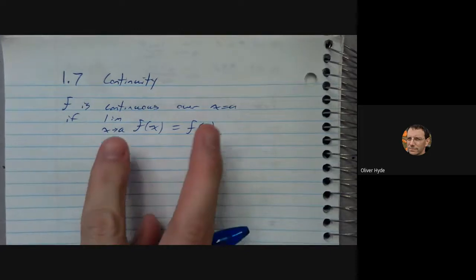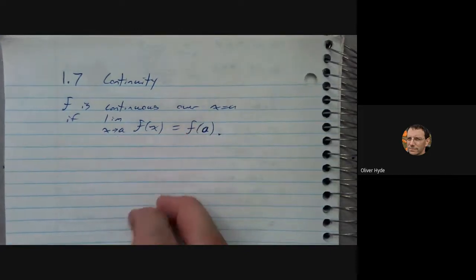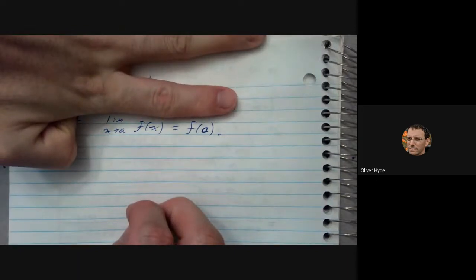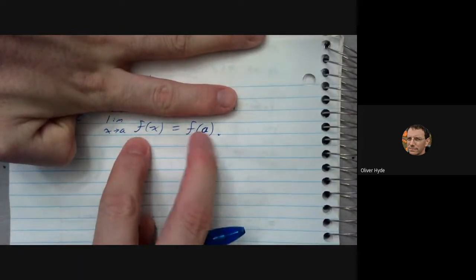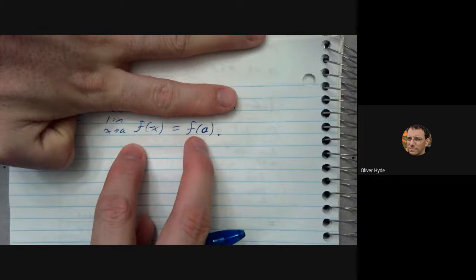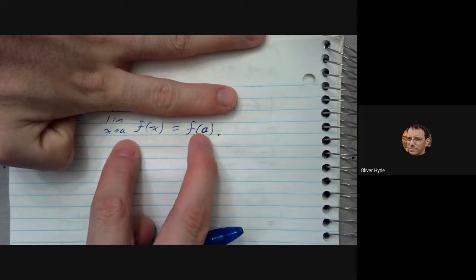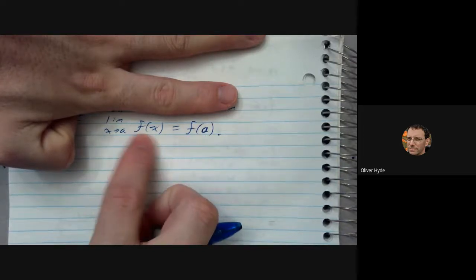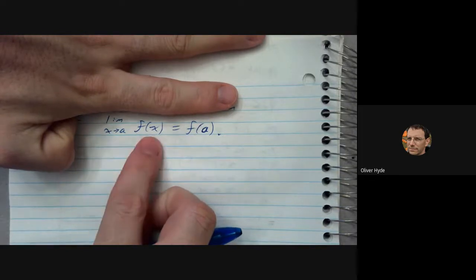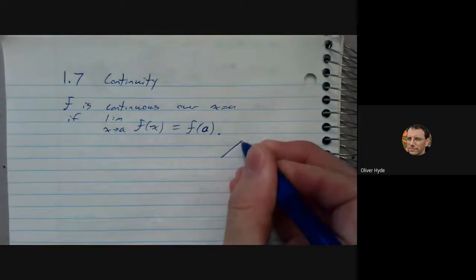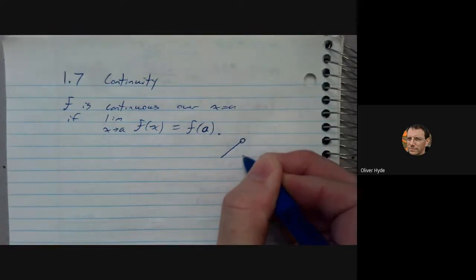The other issue with this definition is that often students forget about this part and they just hang on to this part, not recalling the fact that we've evaluated dozens and dozens of limits in this course where f of a doesn't exist. And just because f of a exists does not mean that it's equal to the value of the limit.